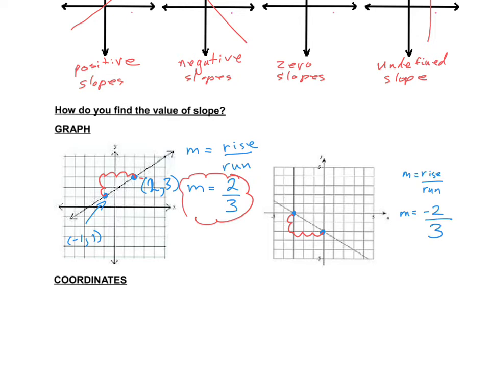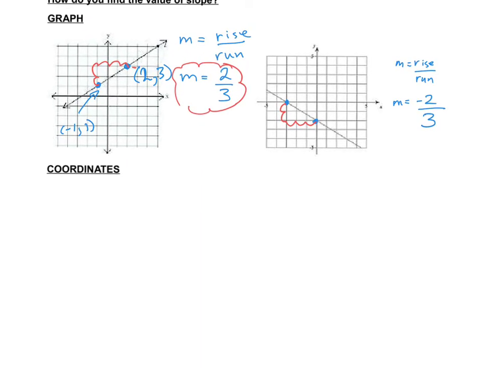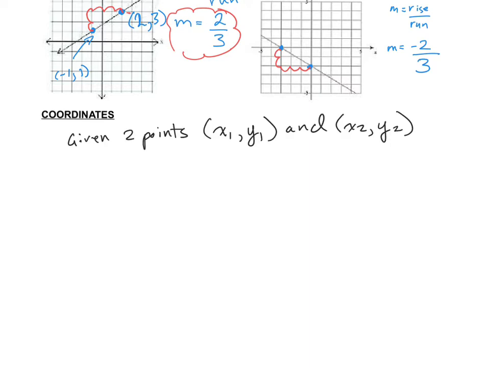Now imagine if I wanted to calculate the slope from the coordinates. Given 2 points, (x1, y1) and (x2, y2), the slope m of the line is going to be y2 minus y1 over x2 minus x1.